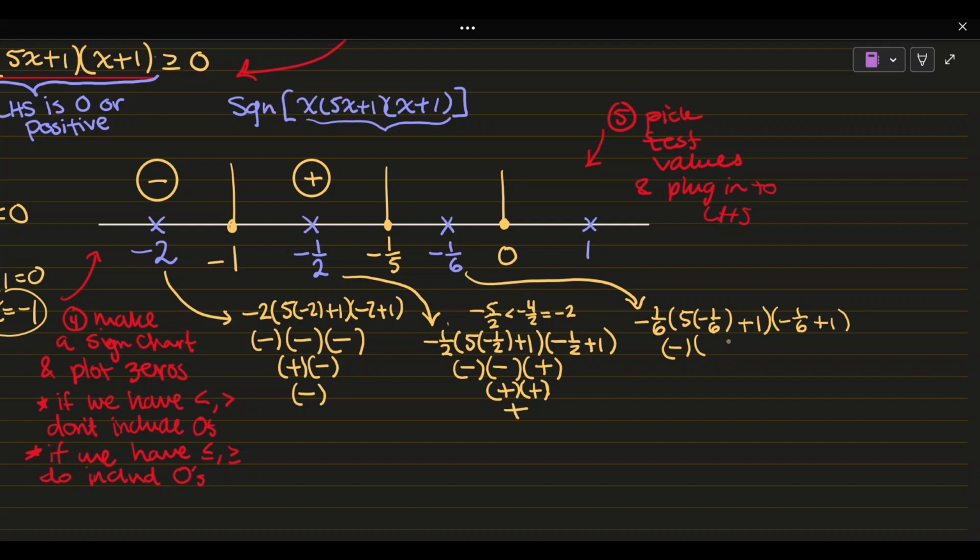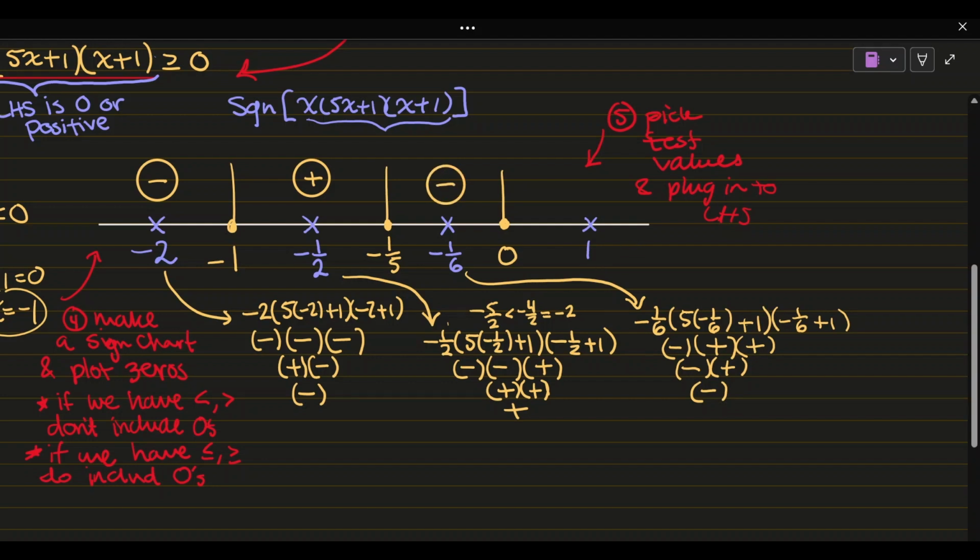It's closer to 0 than negative 1. So I'm adding something greater than negative 1 to 1, which will give me something positive. So this middle thing is positive. And then 1 minus a sixth is 5/6, so that's also positive. Positive times a positive is a positive, so I have negative times a positive, and that leaves me overall with a negative. So in this interval, I have a negative.